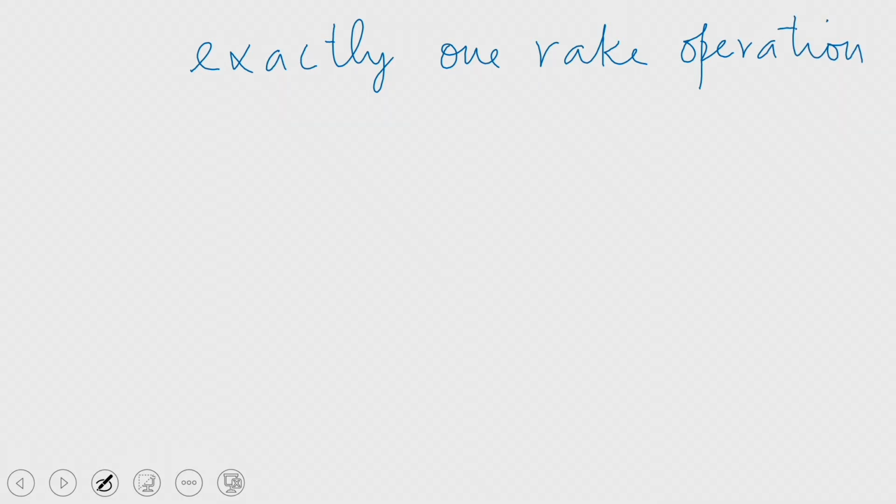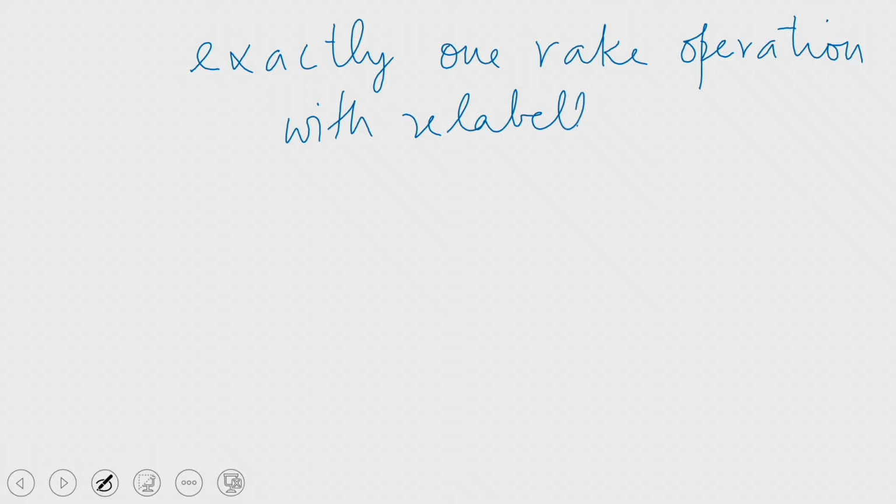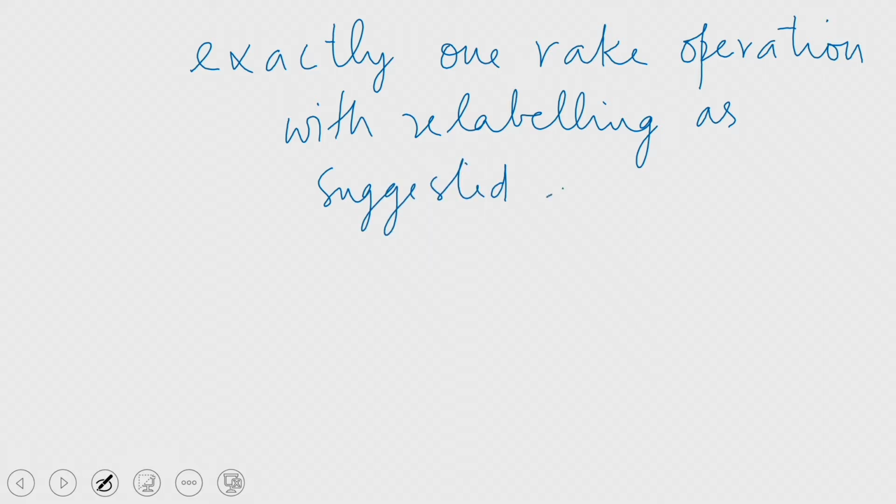So what we have shown is that exactly one rake operation with relabels as suggested ensures that the root evaluates to the same value as before.